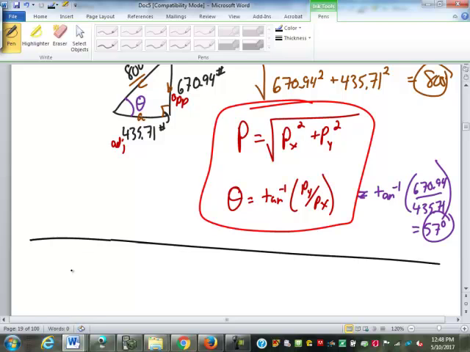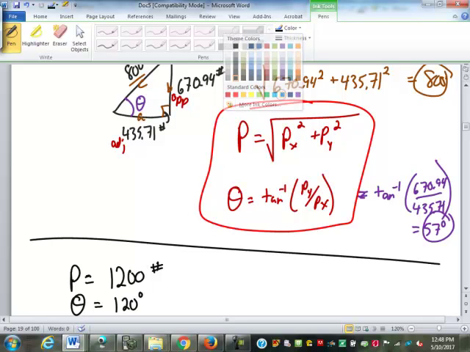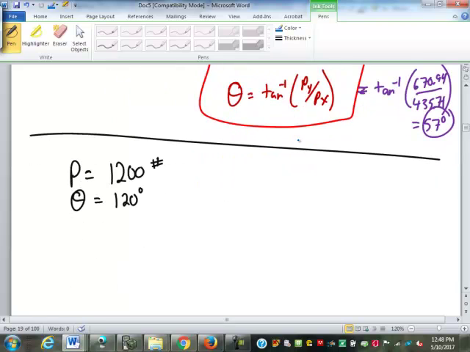So let's say I have a vector. The magnitude is 1,200 pounds. And the direction is 120 degrees. Px is 1,200 times the cosine of 120 degrees. Punch that in your calculator.